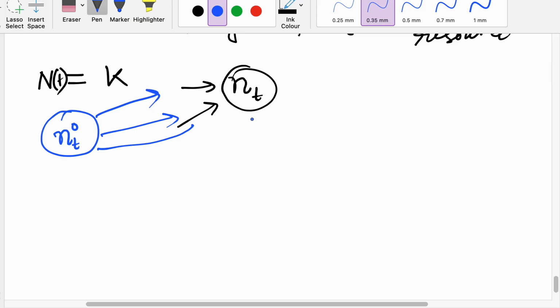So yeah, now we have to allocate resource from the older individuals to the new individuals. If I allocate the resource from older individuals to the new individuals, then the older individuals will die.